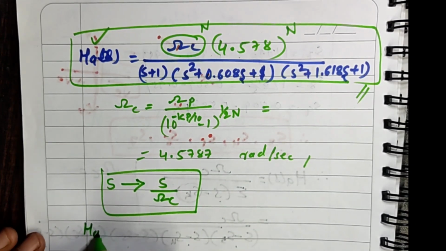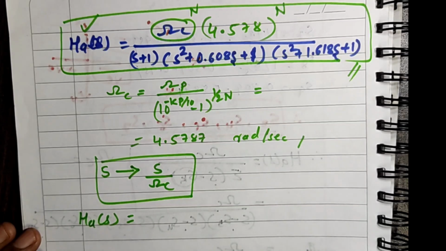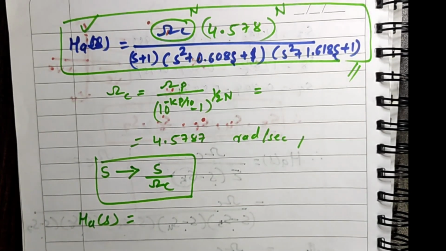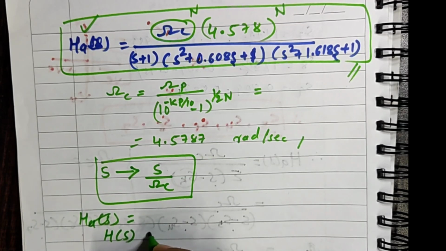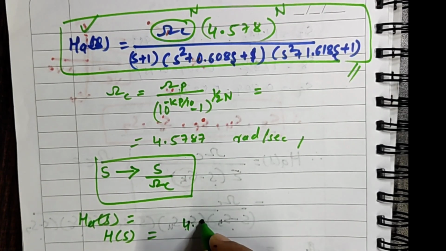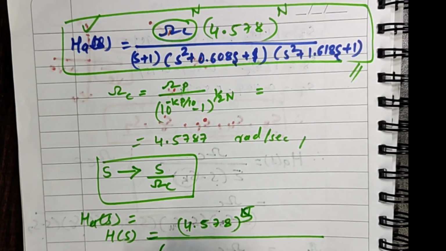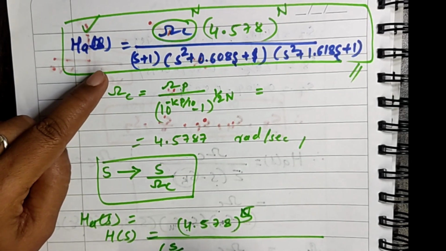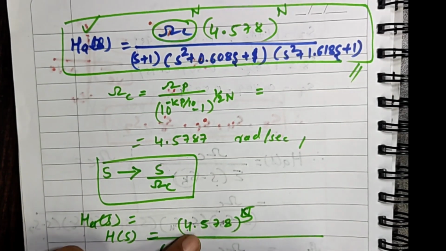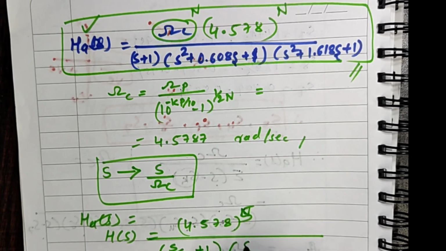For example, H of S is equal to, everything remains the same, 4.578 raised to n or 5, divided by, wherever we have S, we just substitute S by omega C. Omega C we already know is 4.578, so we can just replace this.